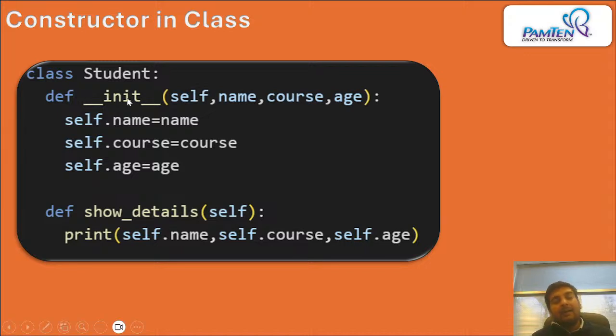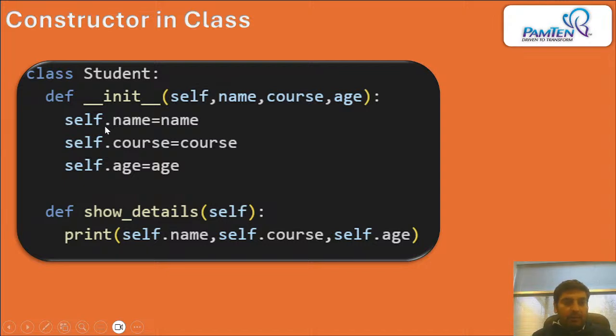You can consider a constructor as a special type of method in programming which will help us to instantiate, or give values to, all of our features when we create the object itself. Here we can create a constructor in Python using the init method. So def init, with two underscores before init and after init.